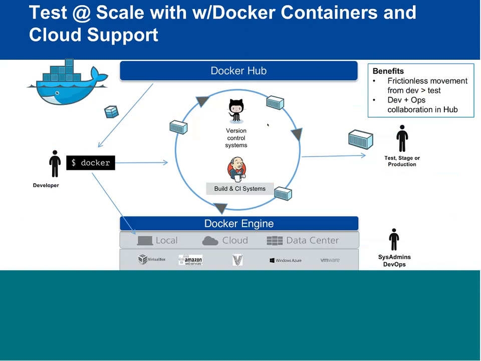Jenkins also enables you to test at scale through the use of cloud support or leveraging Docker containers so that you can manage your testing infrastructure in a similar way to managing your code. So you establish your testing infrastructure early in the pipeline, and then you can deliver your testing infrastructure along with your managed code and your managed tests.